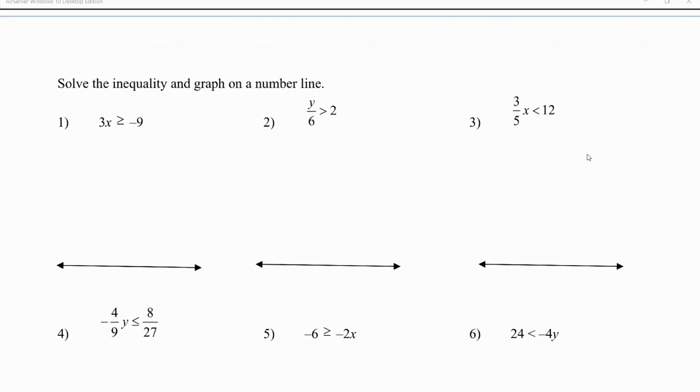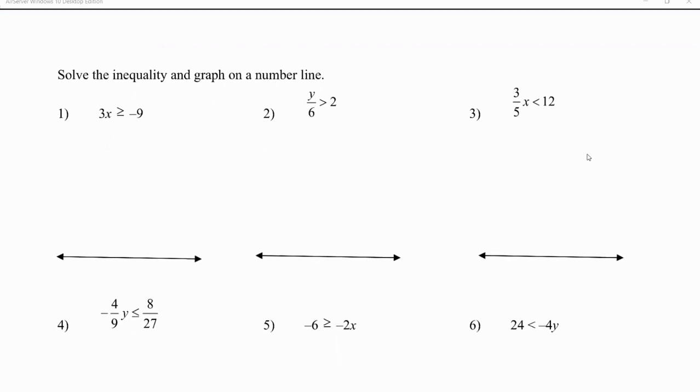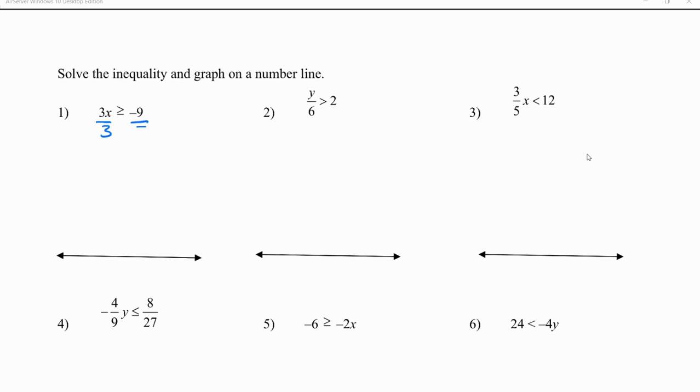So now let's do some practice. For number 1, we have 3 times x is greater than or equal to negative 9. The inverse operation would be to divide both sides by 3, and we get x is greater than or equal to negative 3.